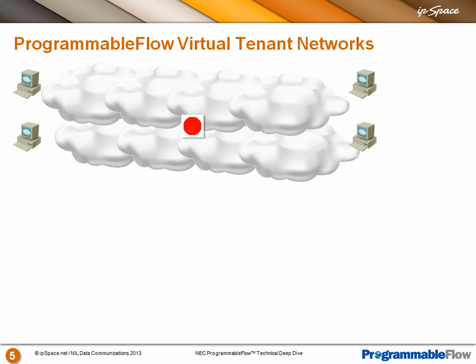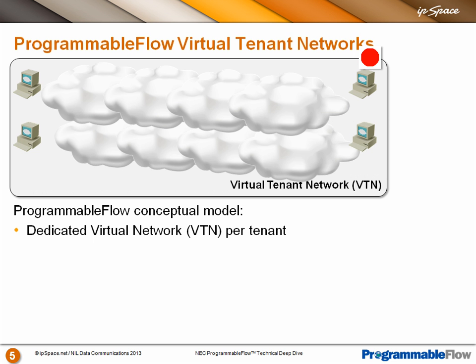Their major concept is virtual tenant networks. A virtual tenant network is an isolated network that is built logically for individual tenants. And the tenant doesn't care about the physical infrastructure in the network. So that's why there are the clouds there. And the person configuring the virtual tenant network doesn't care about the physical topology in the network.